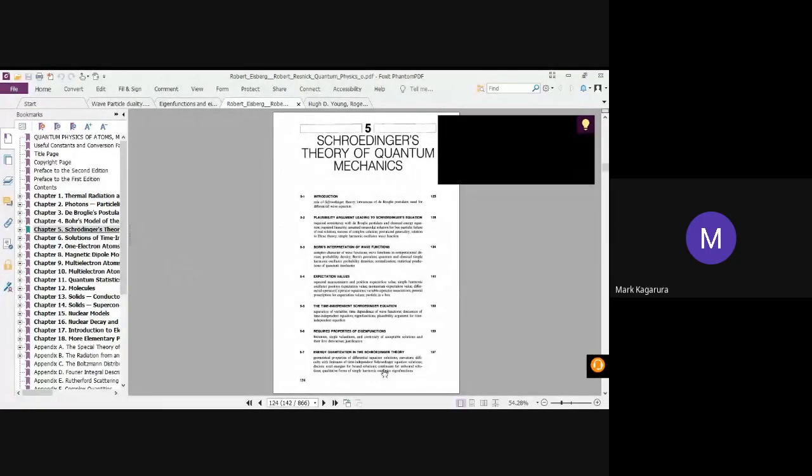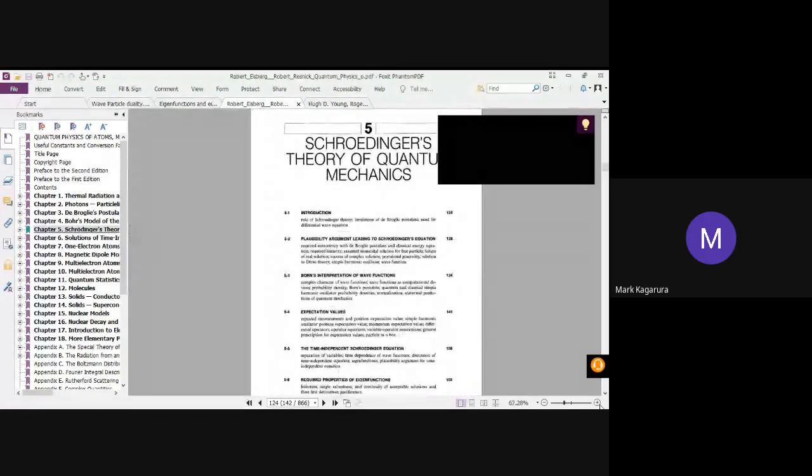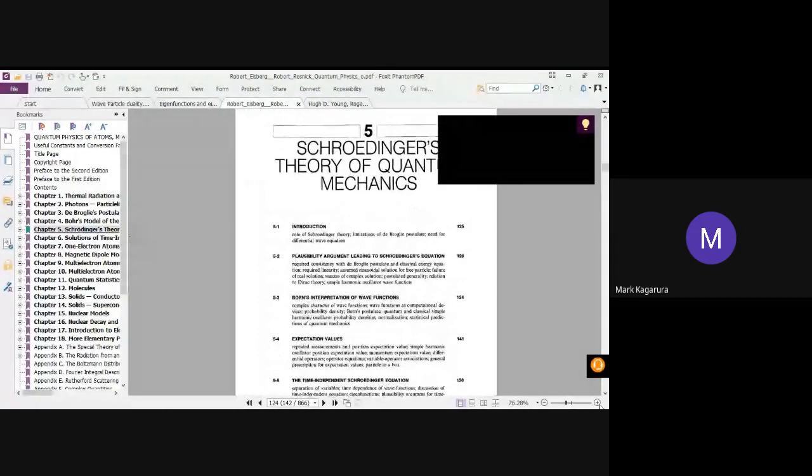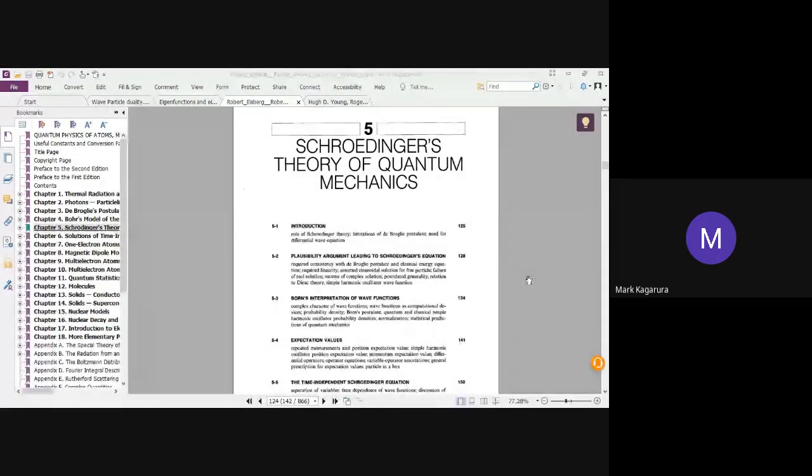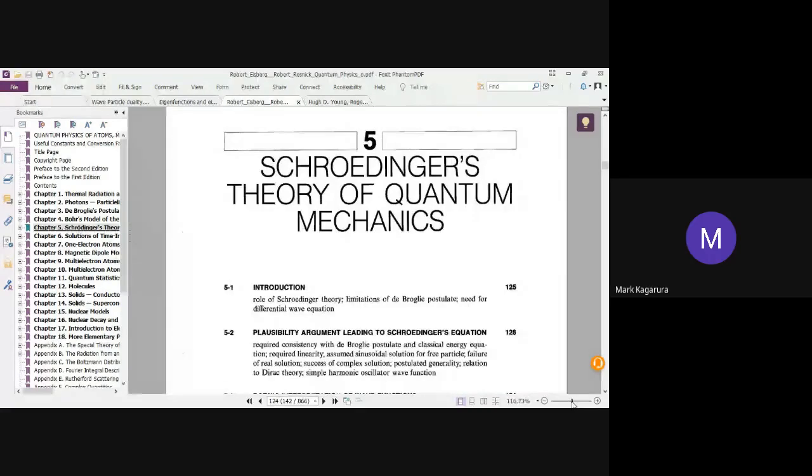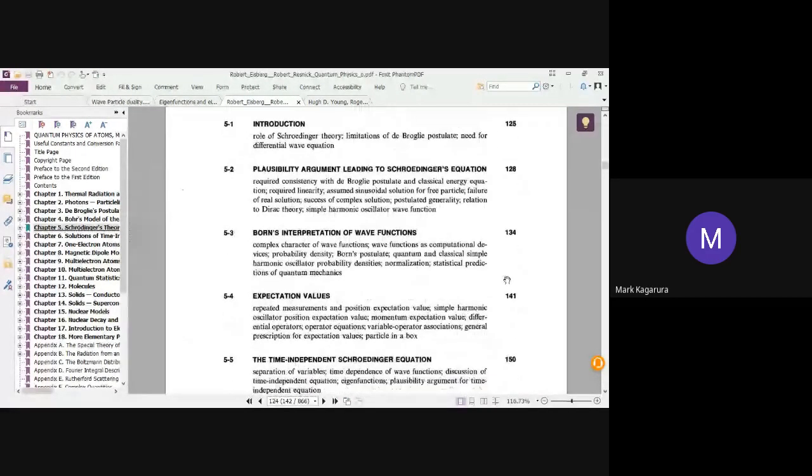So we have this in chapter 5, which is basically what I've looked at. Let me just zoom in for this one. So we saw the plausibility leading to the Schrodinger equation.